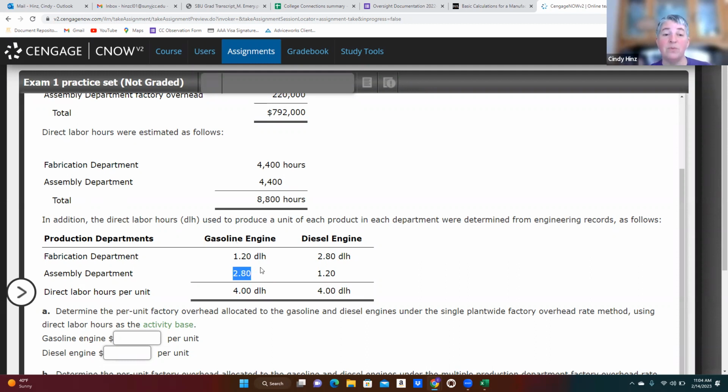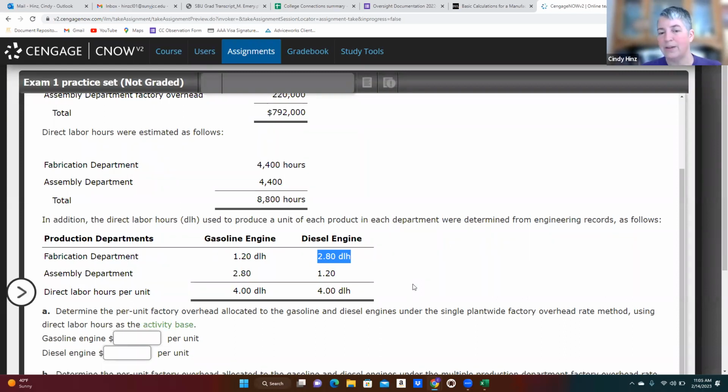So for the gasoline engine, we'd be applying too much overhead. And for the diesel engine, again, same amount of time overall, but more time spent in the more expensive department. If we don't recognize that, and we just use a single plant-wide rate, we're going to be under allocating overhead to the diesel engine, under costing that, not really recognizing the true cost of producing that product.